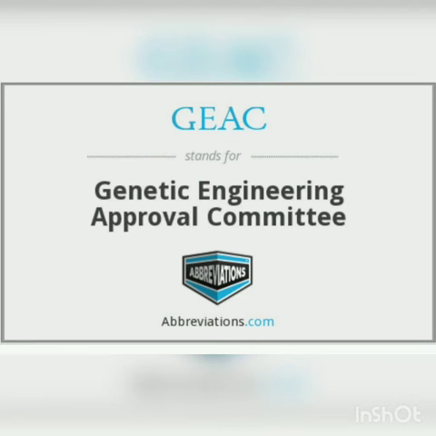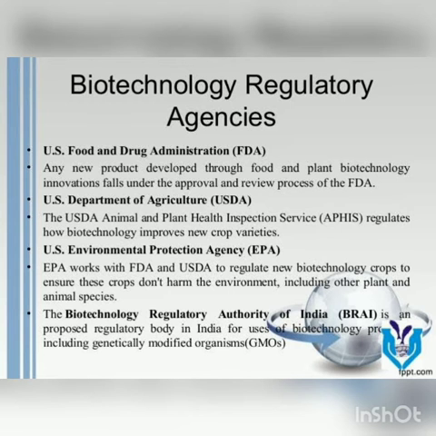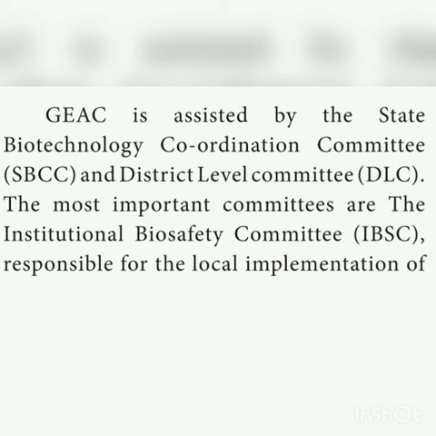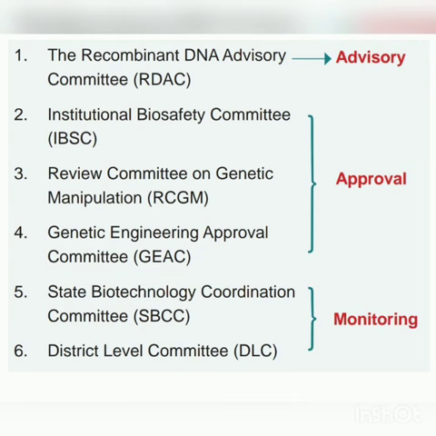Genetic Engineering Approval Committee, a body under the Ministry of Environment, Forest and Climate Change in India, is responsible for approval of genetically engineered products in India. This GEAC, Genetic Engineering Approval Committee, is assisted by the State Biotechnology Coordination Committee and the District Level Committee. There are various committees which support these GMOs.